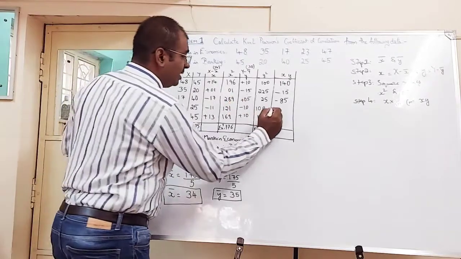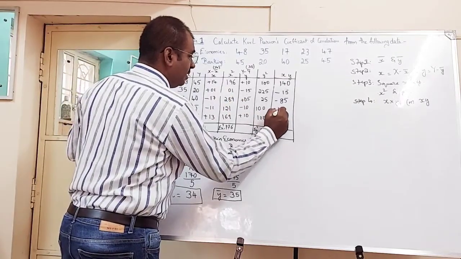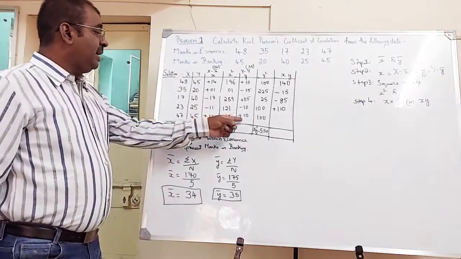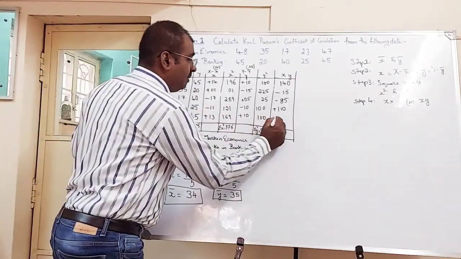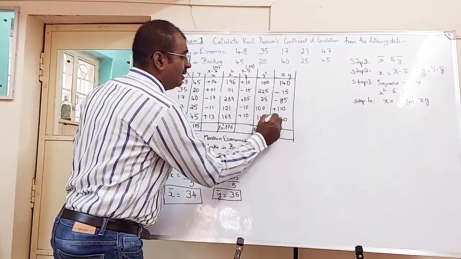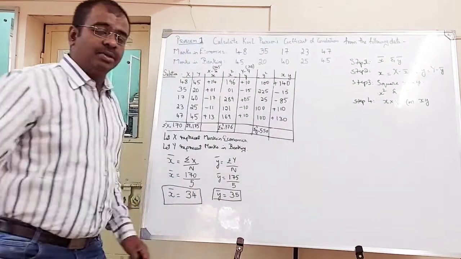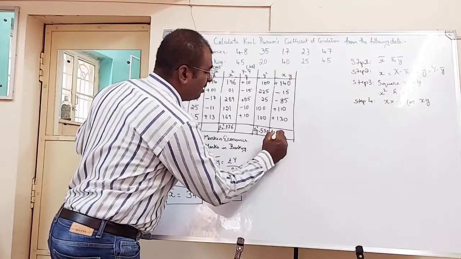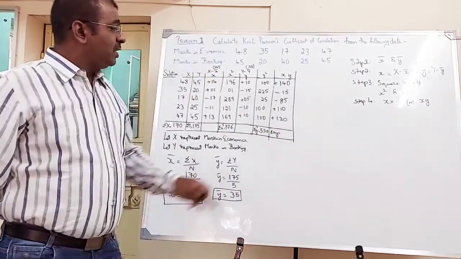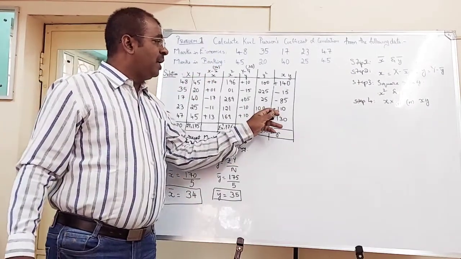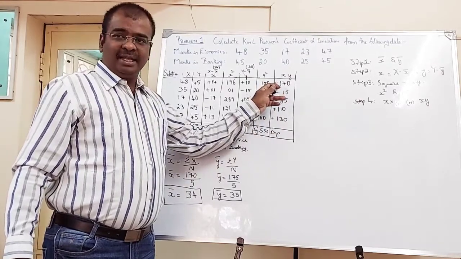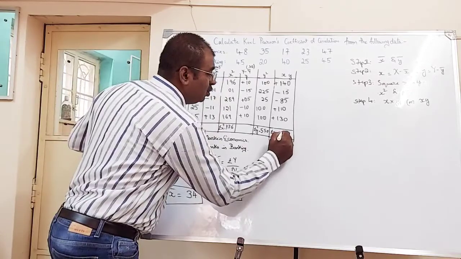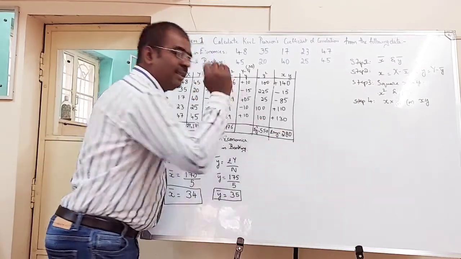Minus 11 into minus 10, minus into minus becomes plus, and that will become 110. Plus 13 into plus 10 is plus 130. So these were the values of xy, and let us find out sigma xy. Sigma xy is 130 plus 110, 240, 240 plus 140, 380, 380 minus 100, which is 280.